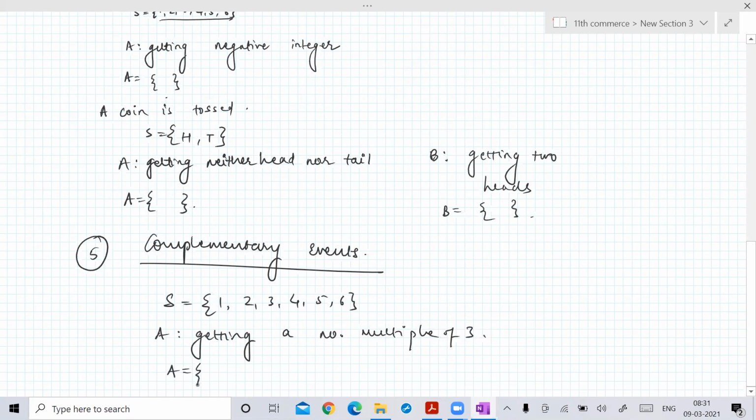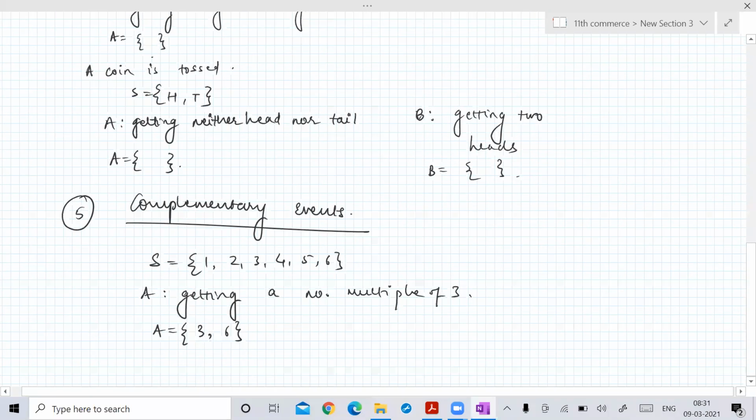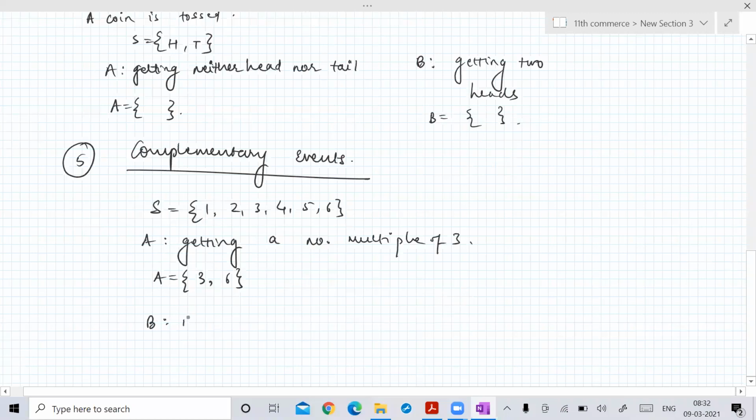So which are the numbers? What are the numbers which are multiple of 3? 3 आएगा, 6 आएगा, है ना. 3 आएगा, 6 आएगा.